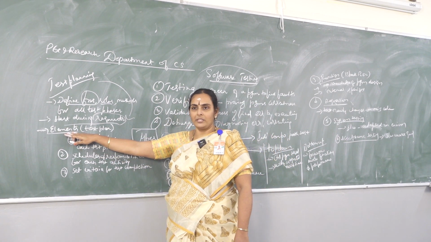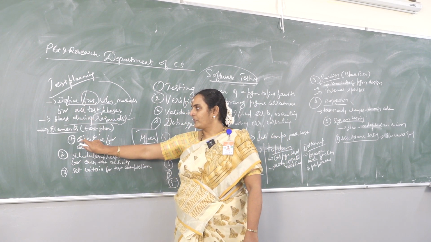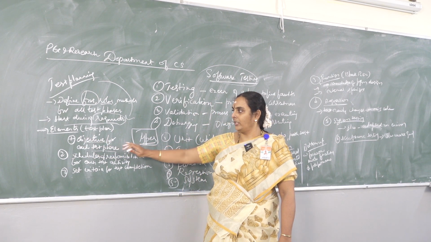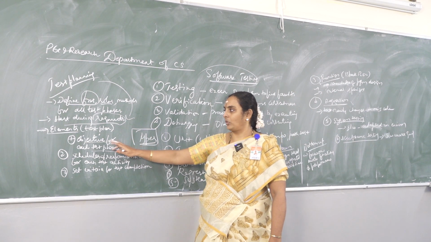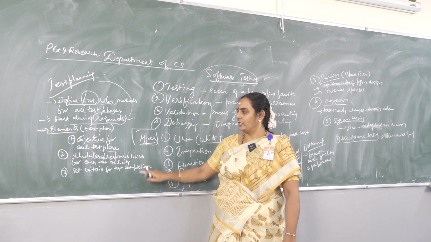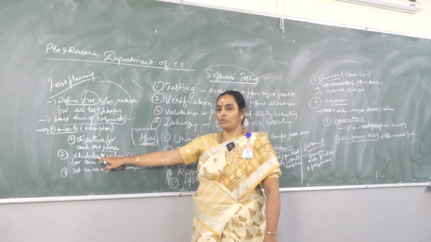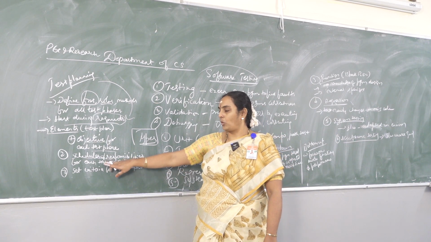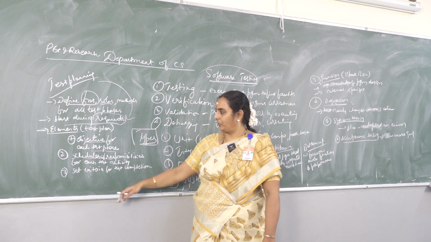The major elements involved in a test plan are, first, defining the objective of the project phase. What is the project we are doing? We have to define or justify the objective of the phase. Next are the schedules and responsibilities: what schedule is to be taken for that particular phase, what is the responsibility of the phase, and what activities are involved in each phase.